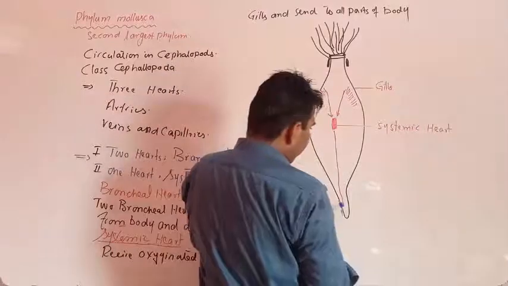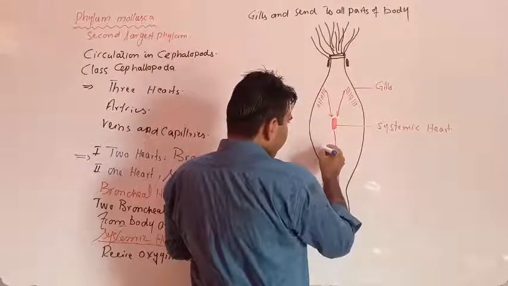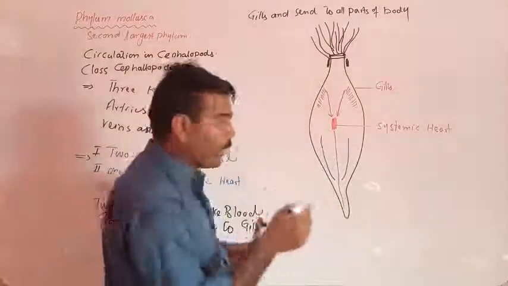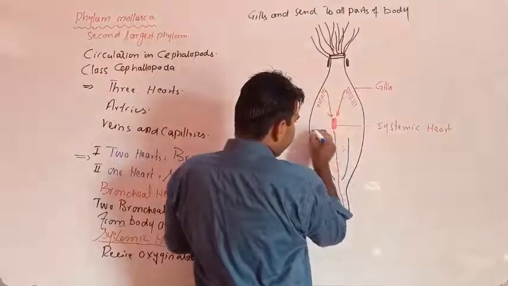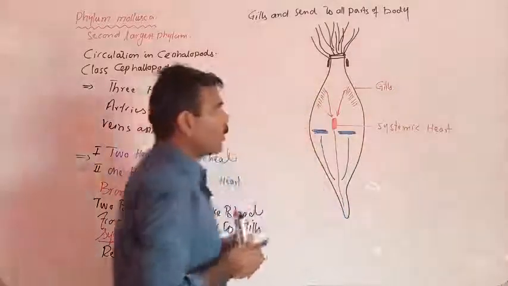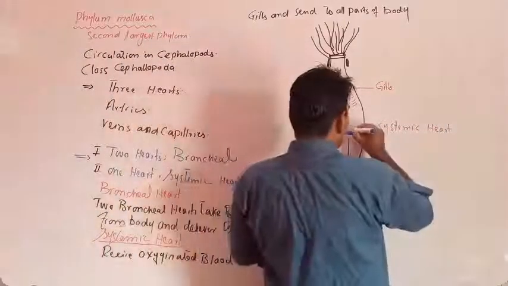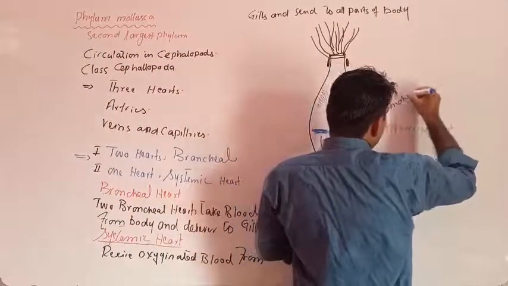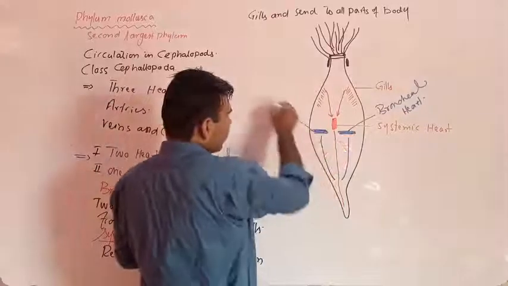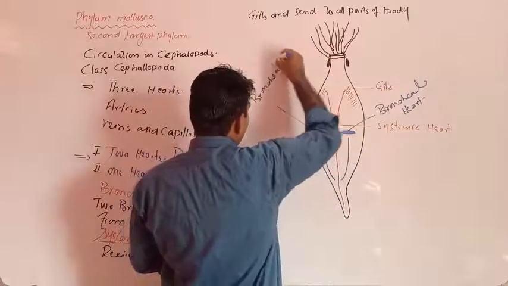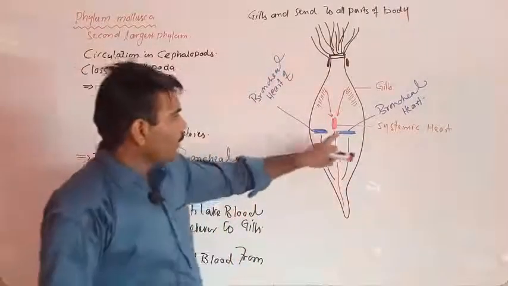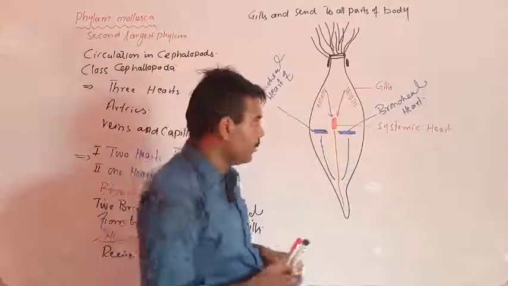So the deoxygenated blood is taken by the veins, receiving it from the body, and here this is a heart and this is also a heart, and these two hearts are known as branchial hearts. This one is one branchial heart, on one side, and this one is the second branchial heart.